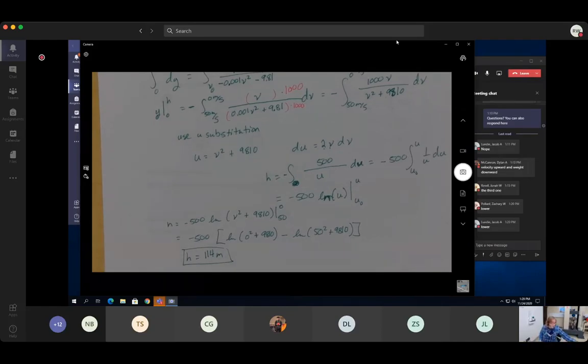Okay, so if we ignored drag, we got to 127 meters. With drag, we're getting to 114 meters. It's not a ton less, but still fairly substantial. Okay.